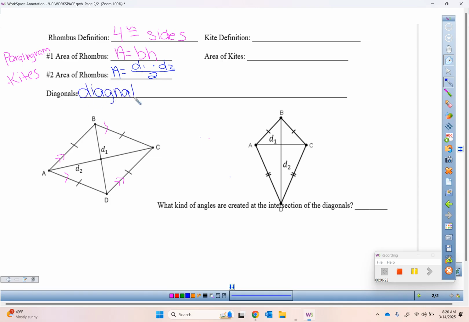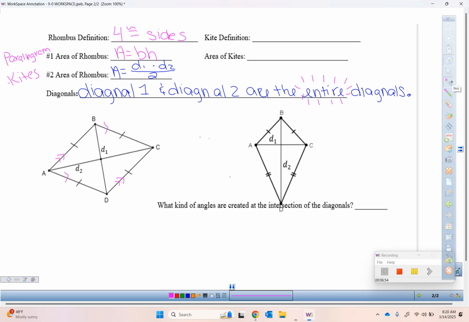Diagonal 1 and diagonal 2 are the entire diagonals. Okay, so entire, just going to emphasize that. I'm going to talk about that also here in a second.